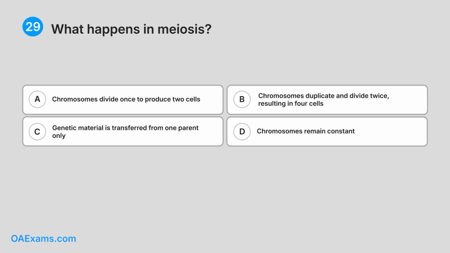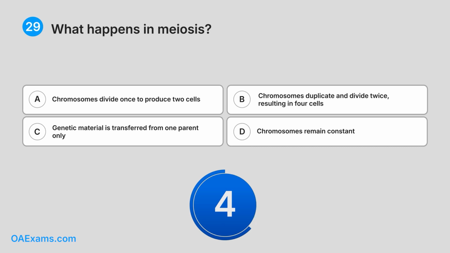29. What happens in meiosis? A. Chromosomes divide once to produce 2 cells. B. Chromosomes duplicate and divide twice, resulting in 4 cells. C. Genetic material is transferred from one parent only. D. Chromosomes remain constant.